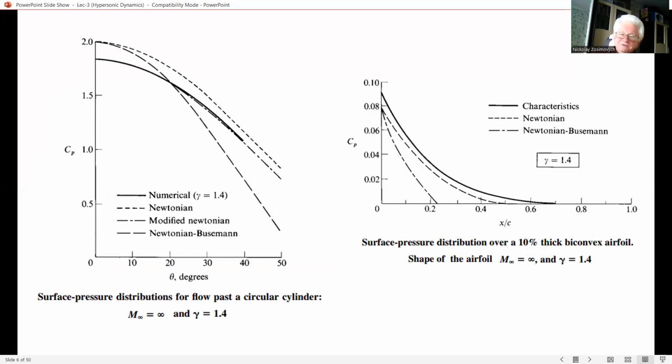On the other hand, for air with gamma equal 1.4, agreement between the exact result and the straight Newtonian theory without centrifugal effect, I want to repeat, straight Newtonian theory means without centrifugal effect. Okay? So this does indeed appear to be rather fortuitous.